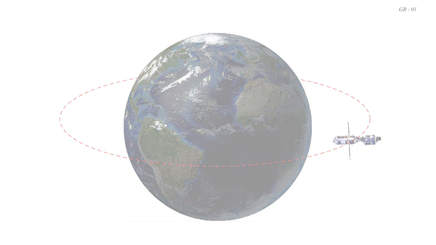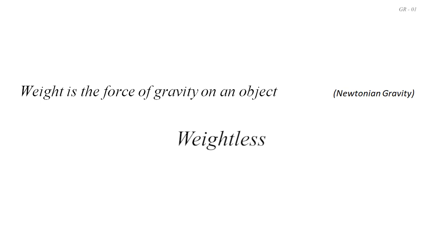We say the astronauts are weightless, and yet they still have the force of gravity on them, which is how weight has been defined. Indeed, the astronauts must have the force of gravity on them to keep them in orbit. And this inconsistency and difficulty in the language of Newtonian gravitation is one of the things that general relativity will be helpful in sorting out.